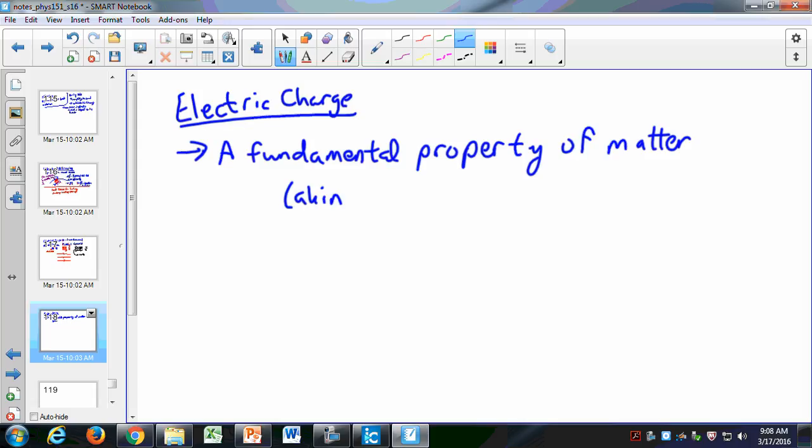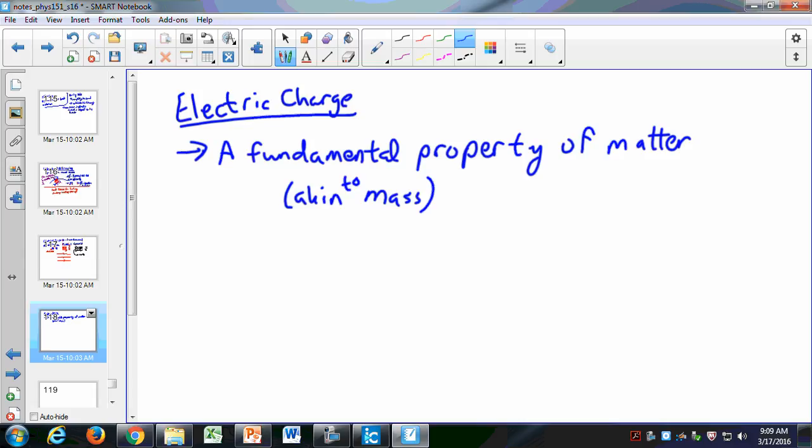Mass is a fundamental property of matter. Charge is also a fundamental property of matter. We all have charges. Every type of matter has charges, is made up of charges. Sometimes the net sum of all those charges is going to be neutral, like we're generally neutral in charge because we have equal numbers of positive and negative charges. But all matter has charges. So you can think of it as just this fundamental property of matter like mass.